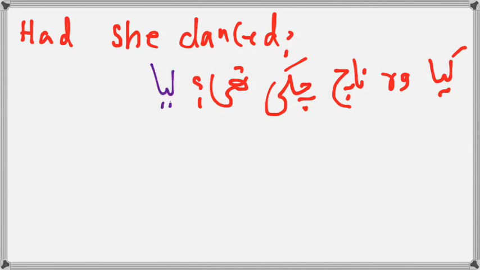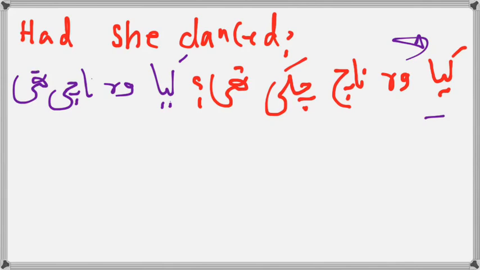But क्या वो नाची थी is also used for did she dance. So here it's better if we use this version क्या वो नाच चुकी थी. क्या वो नाची थी, did she dance or had she danced. But it's a better version क्या वो नाच चुकी थी.